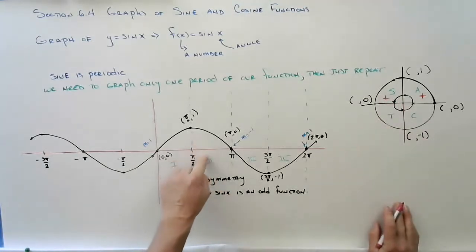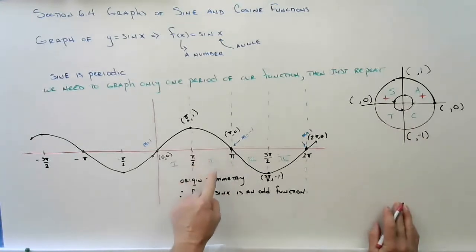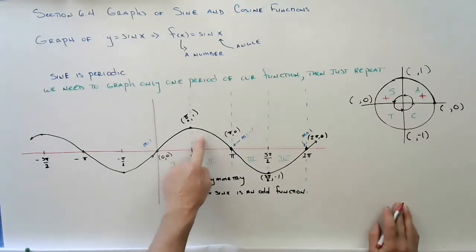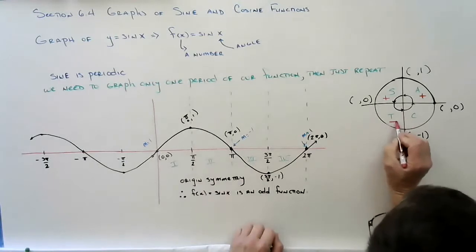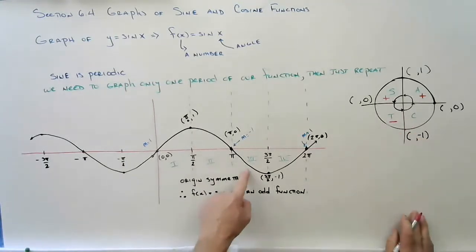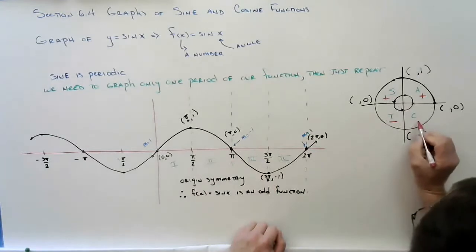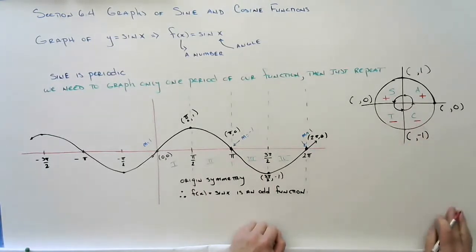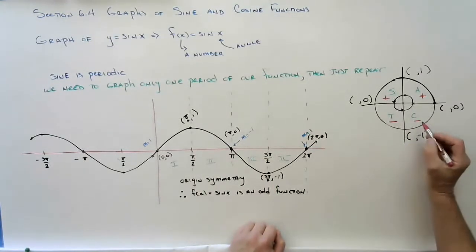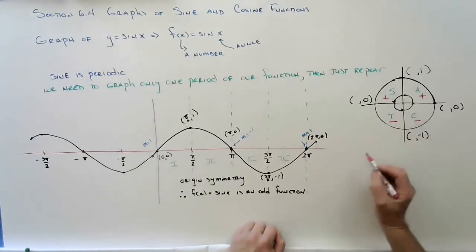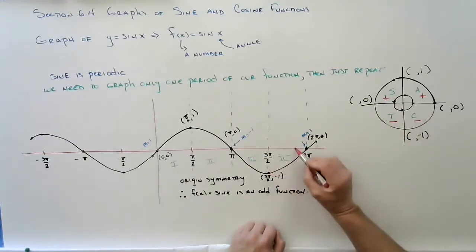It's above the x-axis. Sine is positive in quadrant 2. But we said sine was negative in quadrant 3. Look at the graph. It's below the x-axis. Sine is negative in quadrant 3. Over here, we said sine was negative in quadrant 4. The graph is below the x-axis.